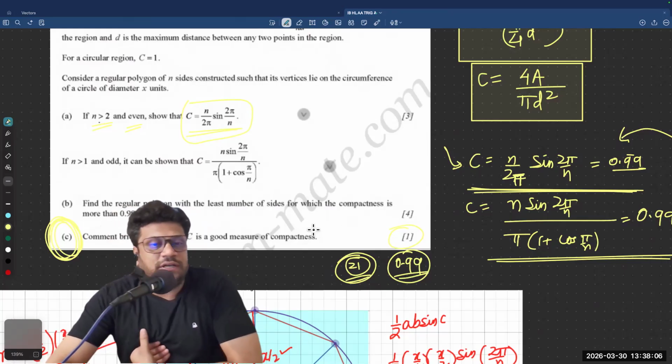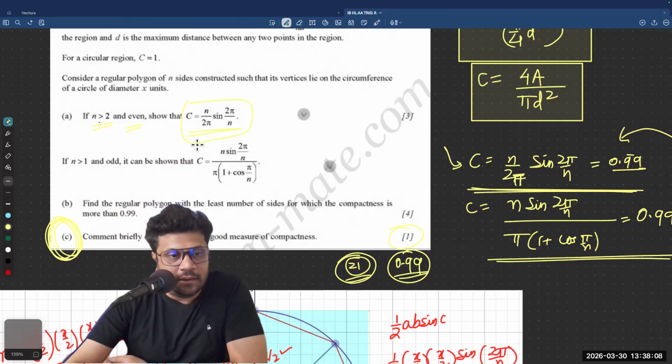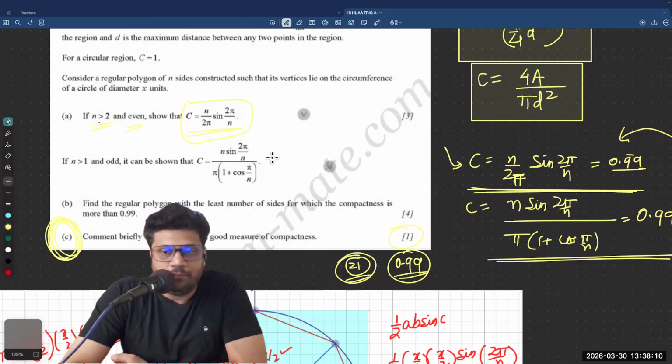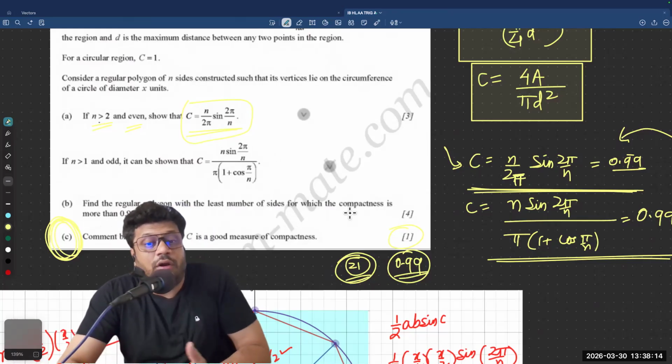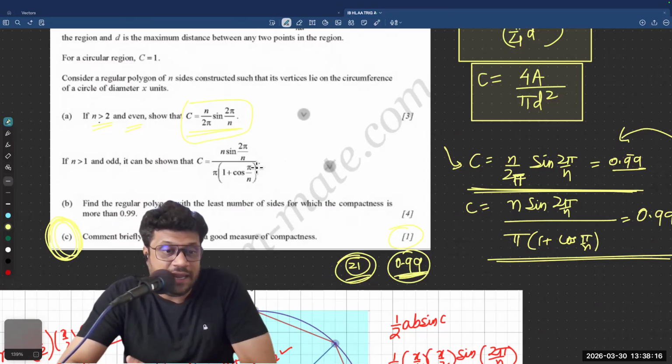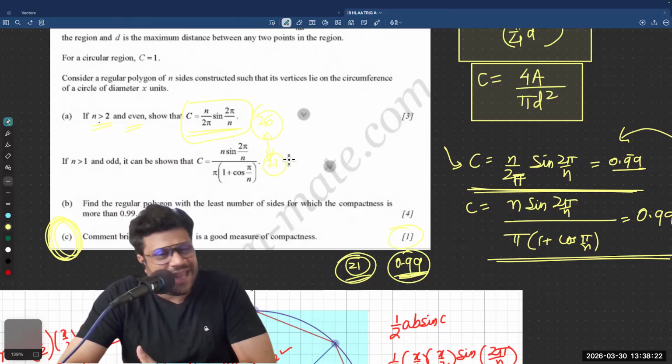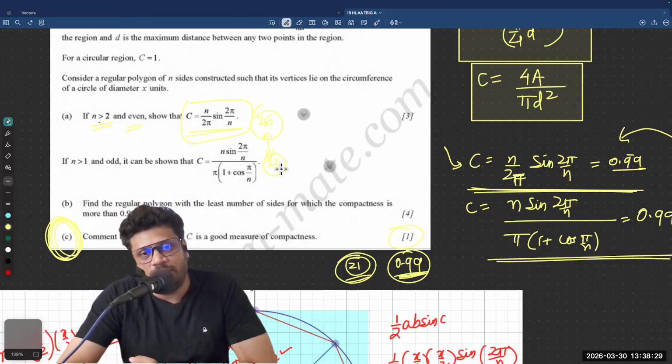Or you can also tell that the compactness when solved for about 0.99 for even number of sides is about 26, and for odd number of sides is about 21. So they're literally almost the same values for even and odd number of sides. And again, a very bad measure it'll be.